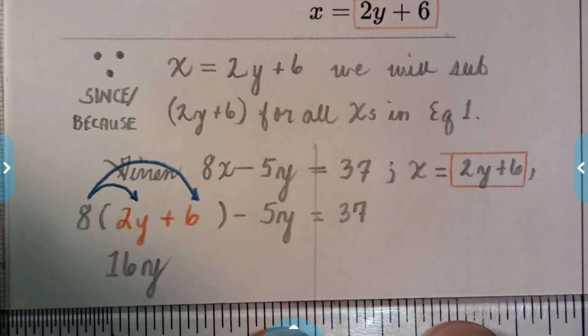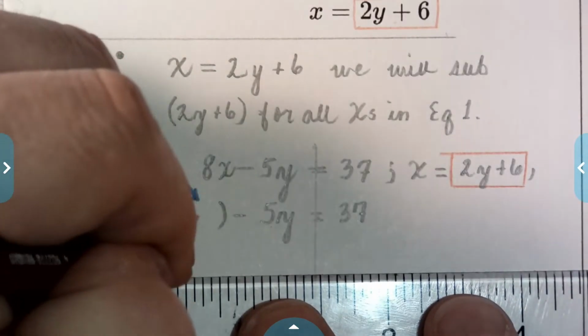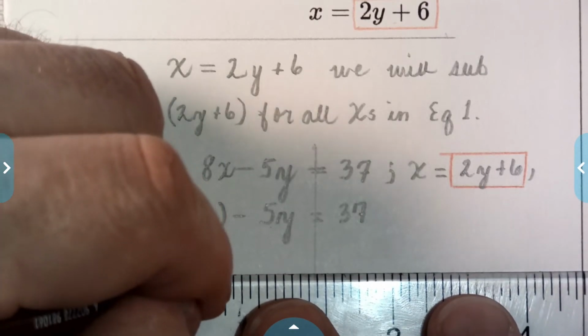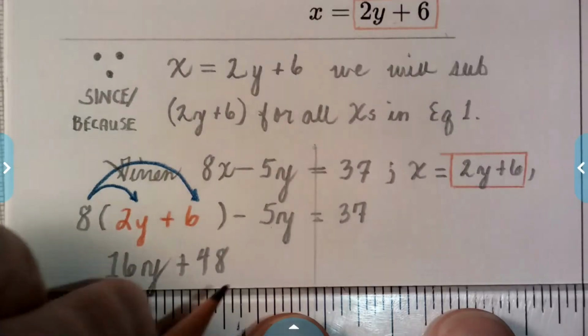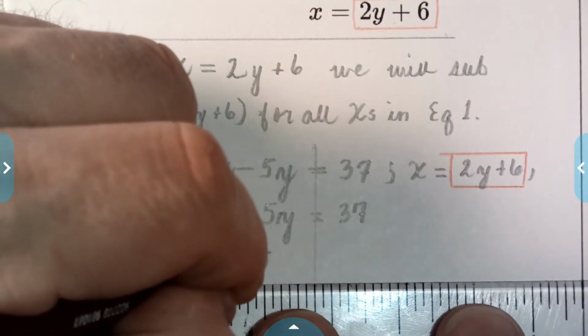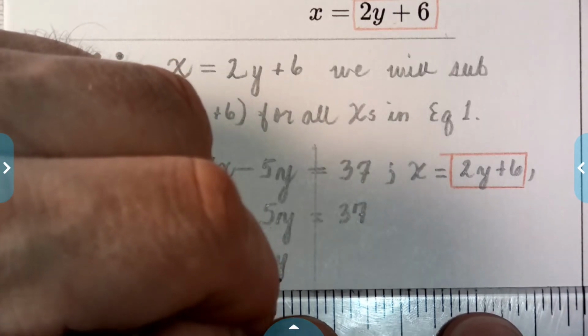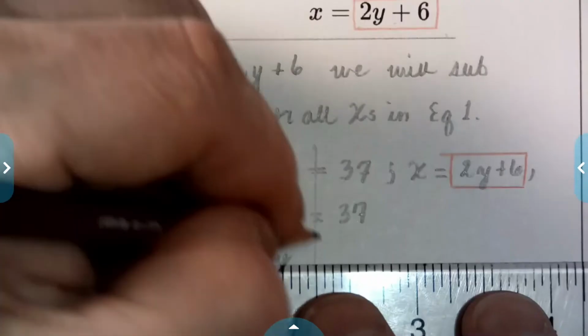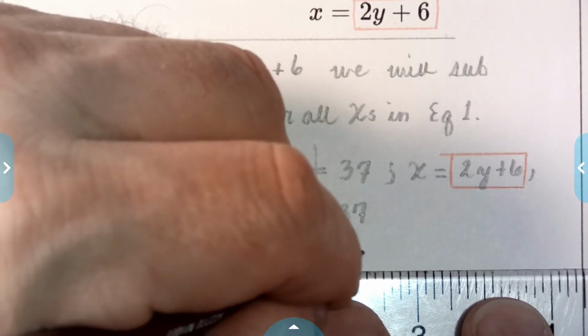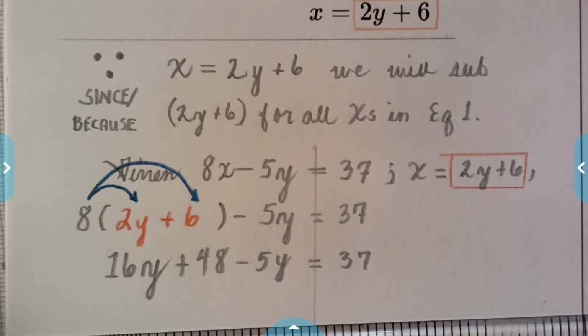Eight times 6 is 48. And then the minus 5y comes down. Okay, and that's equal to 37. Okay, so now what?